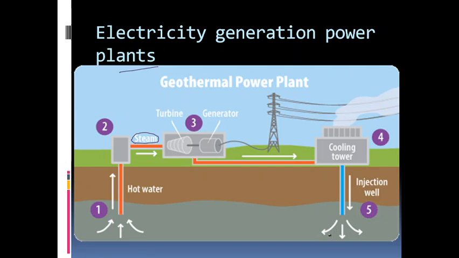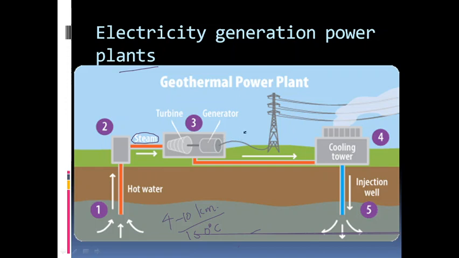Normally heat energy available from 4 to 10 km below the surface is used for this electricity production, and the temperature is required to be about 150 degrees Celsius so that the steam will be obtained from it and heat and electricity can be generated.